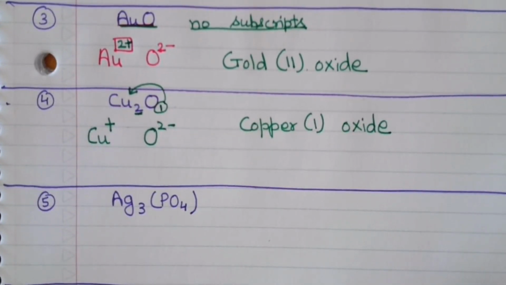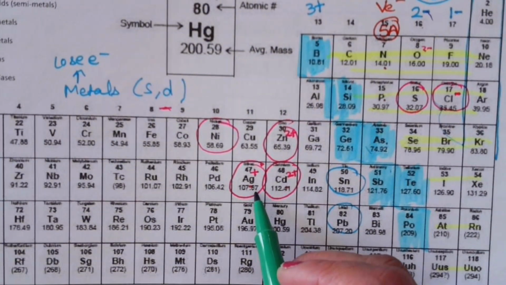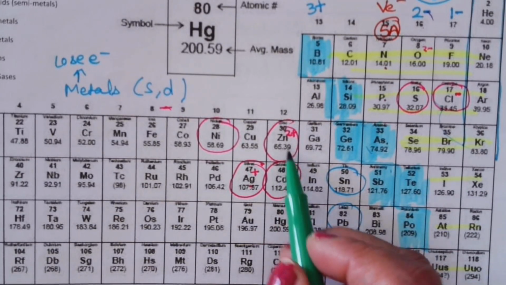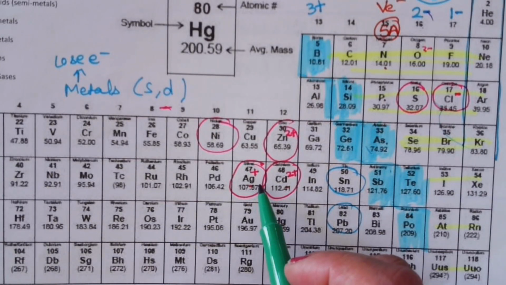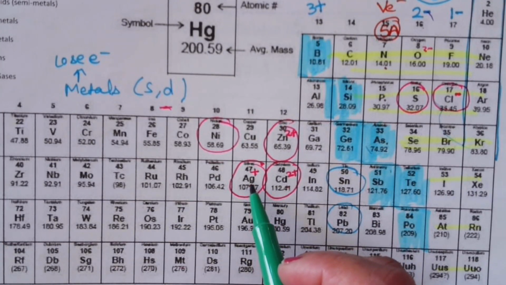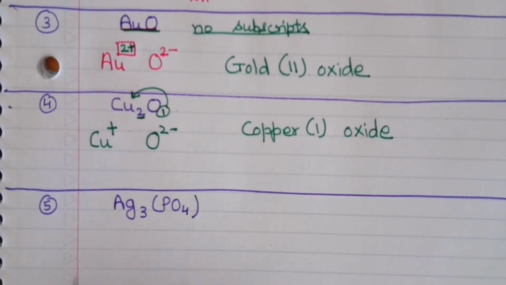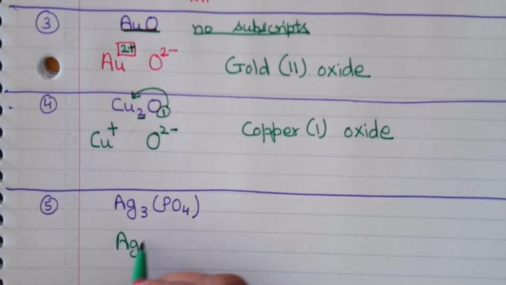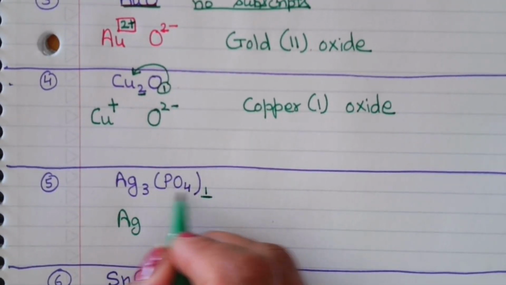Let's do another one. Now silver is a d-block element, but it's one of those 3 metals that only make one type of cation. So we do not have to use Roman numerals when naming the compound of silver, cadmium or zinc, right? Silver always makes a 1 plus ion, and that is kind of evident from the subscript 1 on the phosphate.